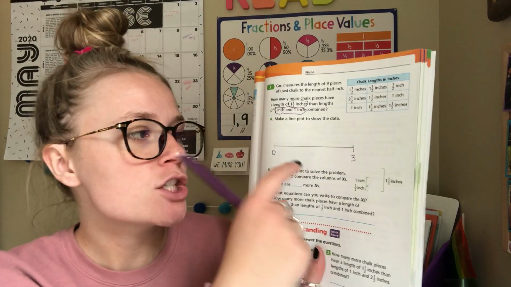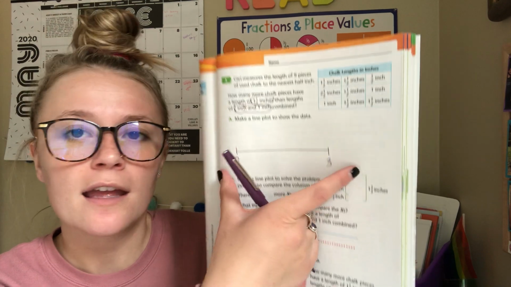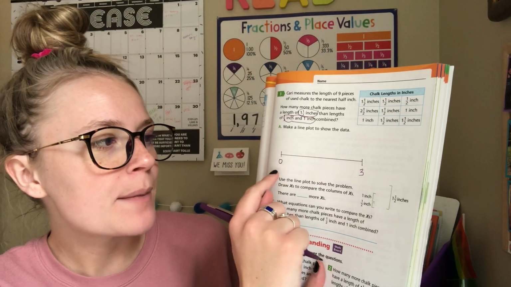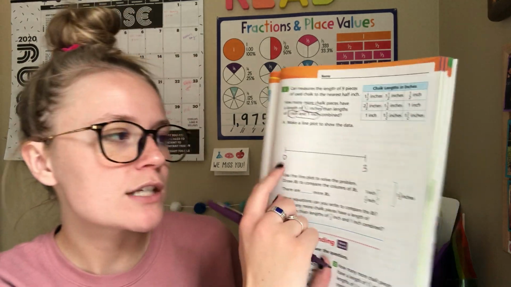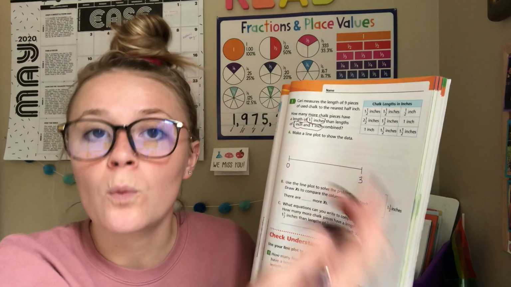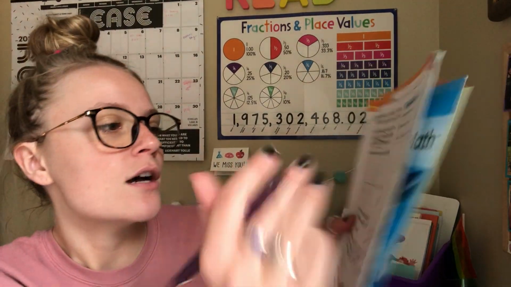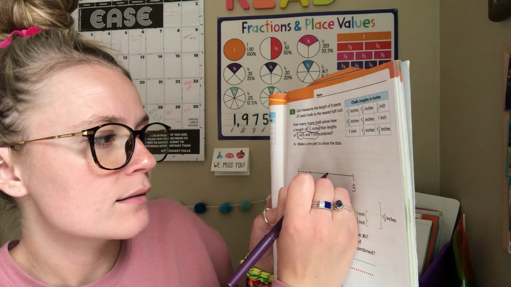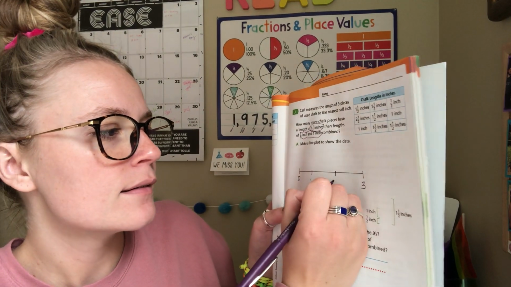So for me, I like to work outside in. I usually jump to the whole numbers, so 0 to 3, and then I find the whole numbers in between 0 and 3, 1 and 2. So I'd write those and just kind of eyeball it, space it out appropriately like that.